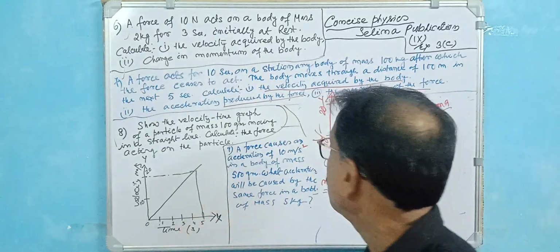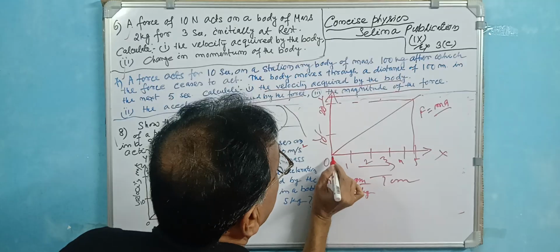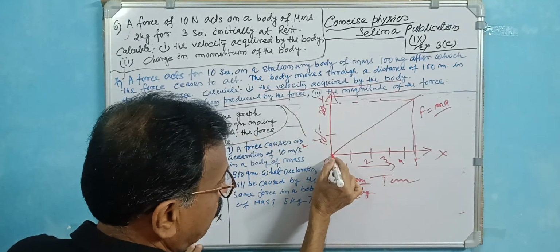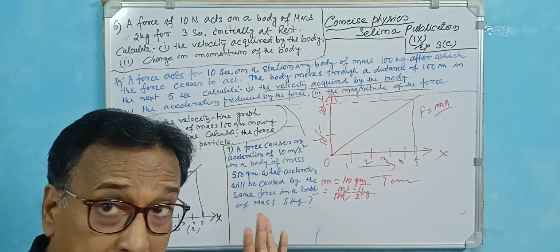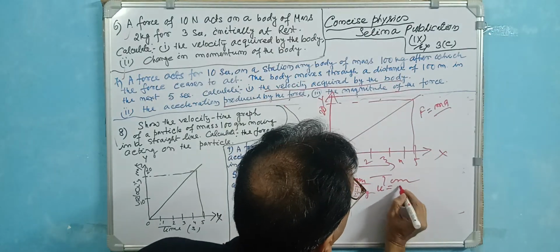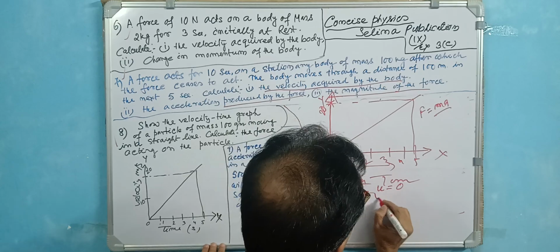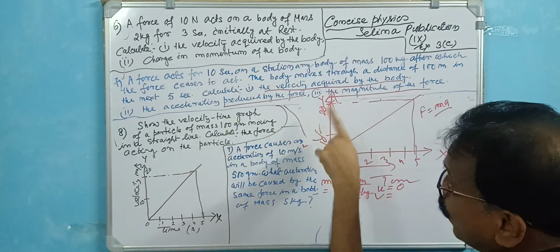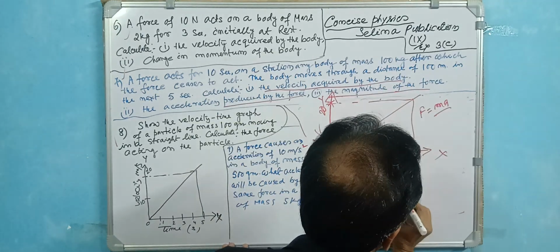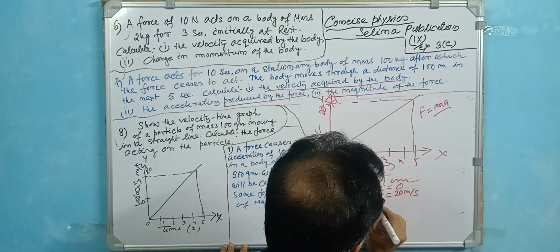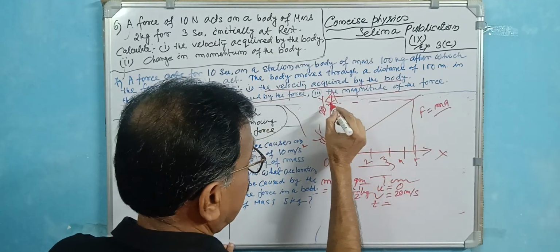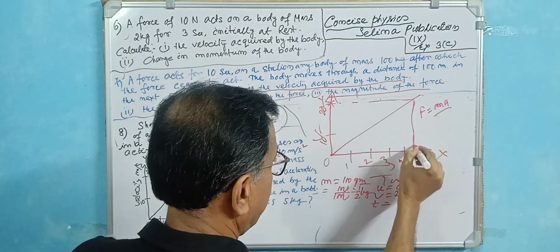Now the time is 0. When time is 0, the velocity is 0. That means u is 0. Then V is 20 meter per second, and the corresponding time is 5 seconds.